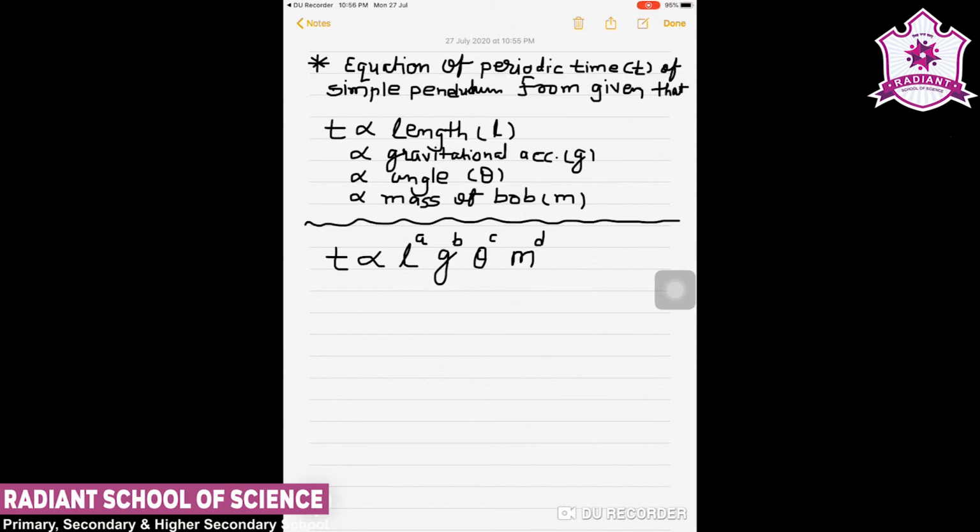How to find out these values? It is also very interesting that to derive this equation, we must know the dimensional formulas of the left hand side and right hand side.